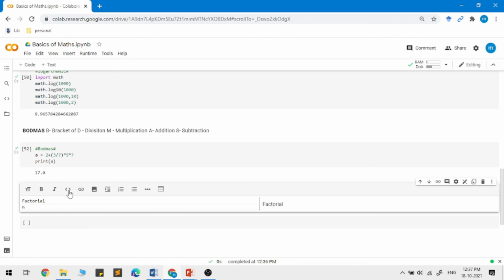Suppose I am considering it as n factorial. n factorial is nothing but the value of n into n minus 1, into n minus 2, into etc. up to 1.